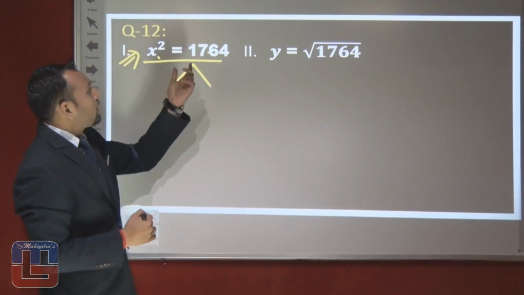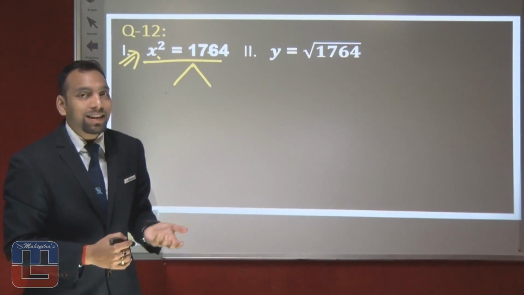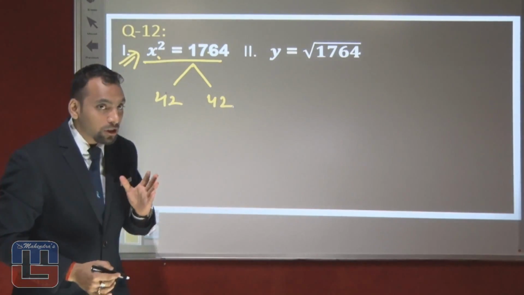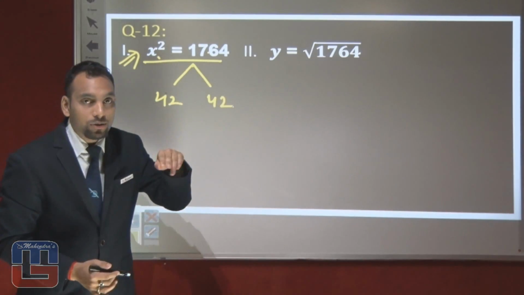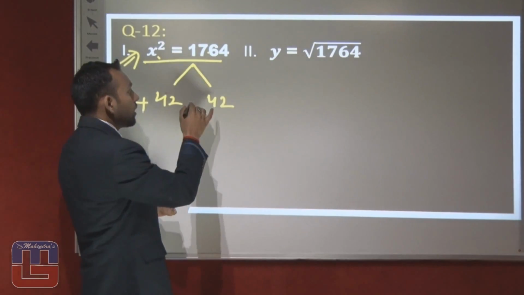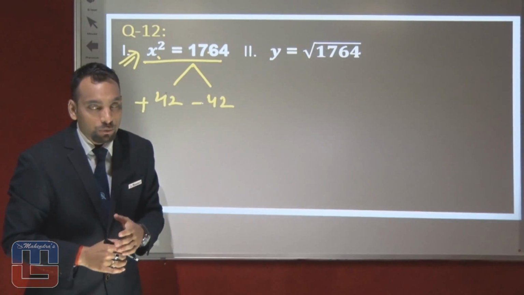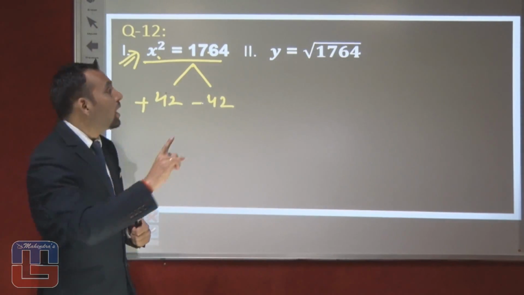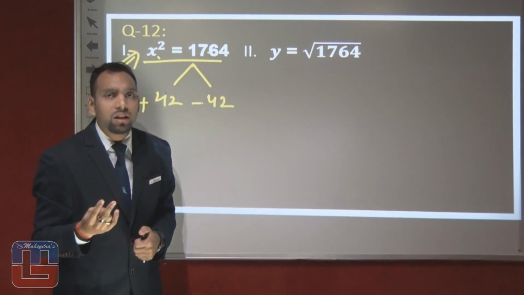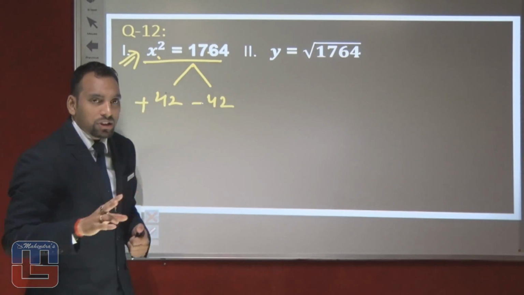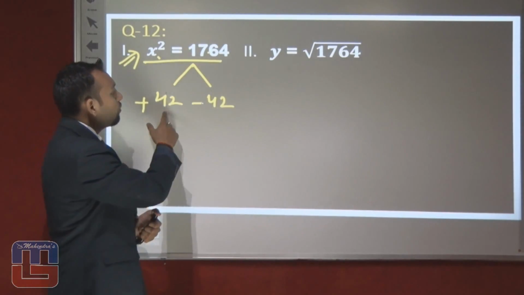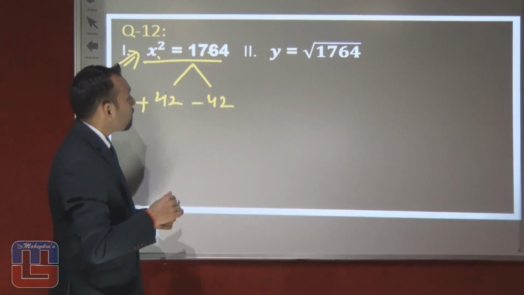Now see, this 1764 is the square of 42. So here we will get the 2 values, but here this is x square. So one value will be positive and the other will be negative. Remember always one thing, if the degree is 2, then 2 values are there. One is positive and the other one is negative. And how this positive and negative will come, now see.